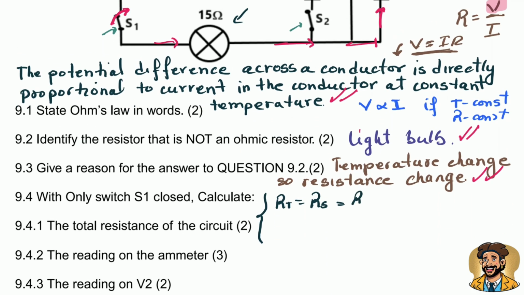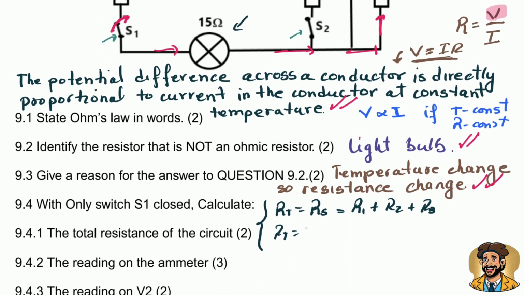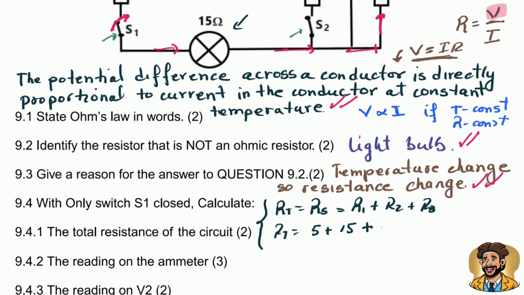Remember, resistance, you're going to add. I recommend you maybe write R1 plus R2 plus R3 before you substitute. Then you say RT is equal to 5 plus 15 plus 10, and that is equal to 30 ohms.